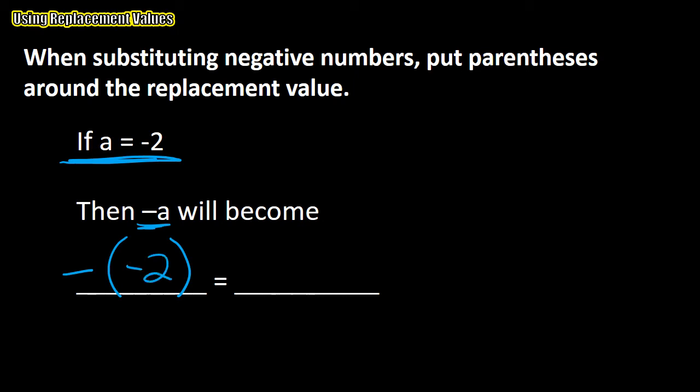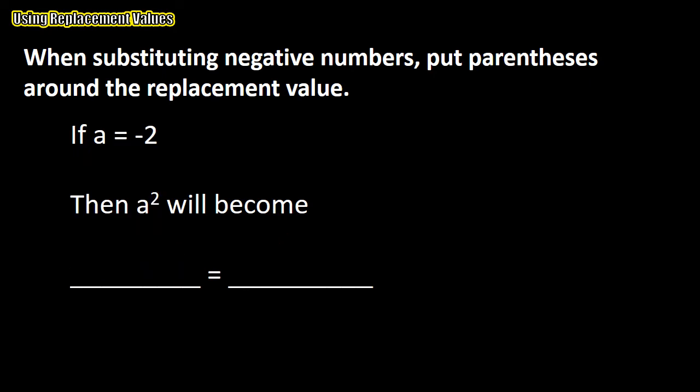I have negative on the outside and negative 2 on the inside. What this is really telling us is that I have negative 1 times negative 2. A negative times a negative gives me a positive. So the opposite of a, or negative a, will become just positive 2. In the replacement values, I just put parentheses around it to make it easier.